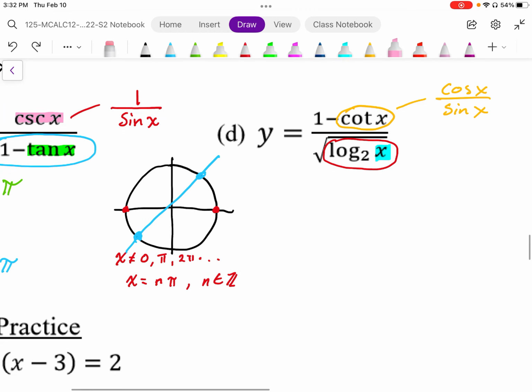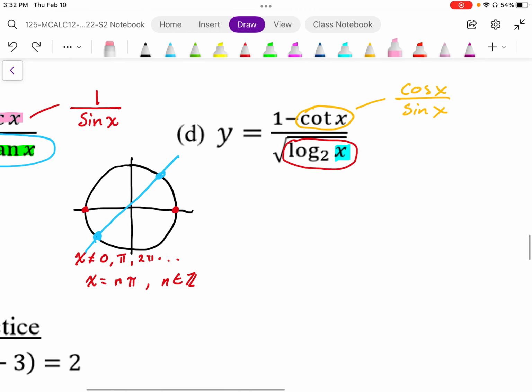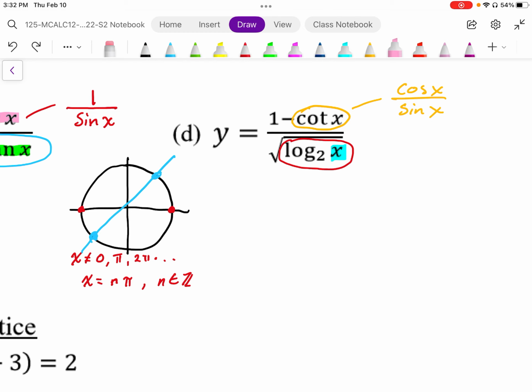We also have a domain restriction on log, that x must be bigger than 0, but we also have a domain restriction on the square root. That log value, whatever we get out of that log, must be bigger than 0. It can't be equal to 0 because, since it's in the denominator, it has that added restriction of divide by 0. So how do we deal with this?